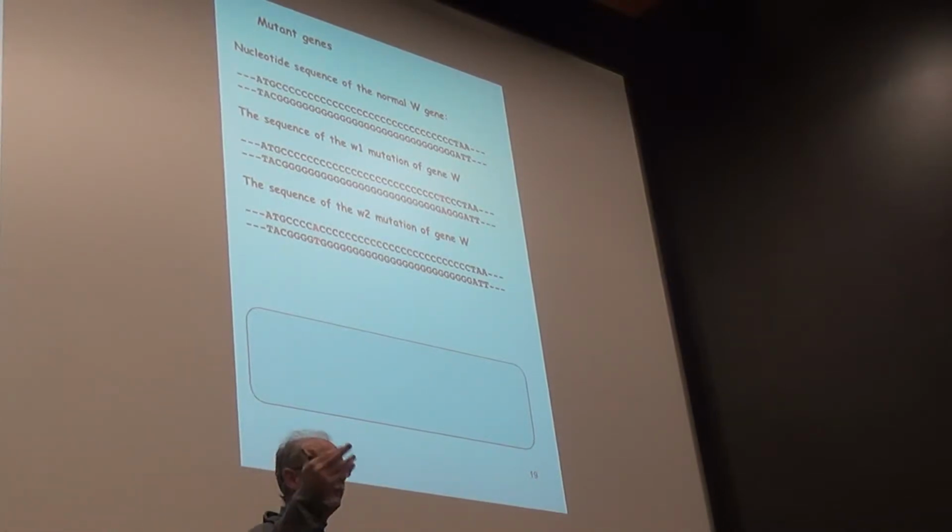In the W2 mutation, it's the same gene, a different individual, but the mutation is somewhere else on the gene. It's right here instead of here. So these are two different alleles of the same gene. They're both going to lead to a mutant protein, and the mutant protein is going to give you white eyes.